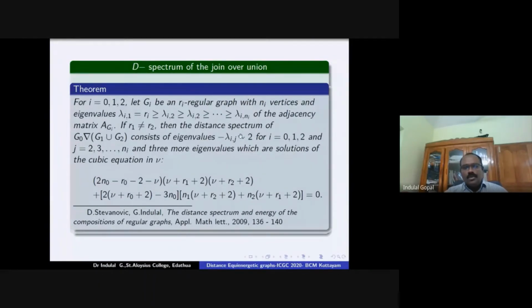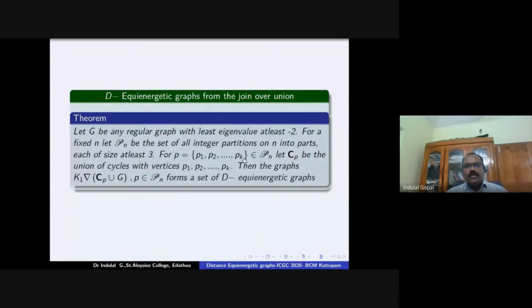So the energy contribution of this resultant graph comes from the positive root of this cubic equation, and this cubic equation is not varying as n0, r0, n1, r1, and n2, r2 are constants. So this family, for a partition P equal to P1, P2, etc., Pk, K1 join CP union G forms a set of distance equi-energetic graphs.